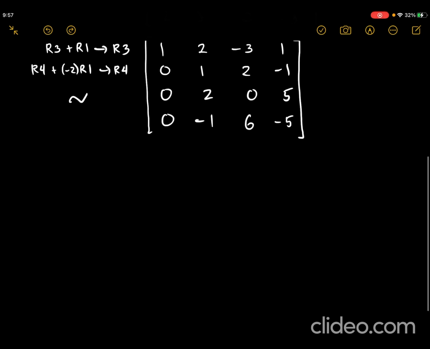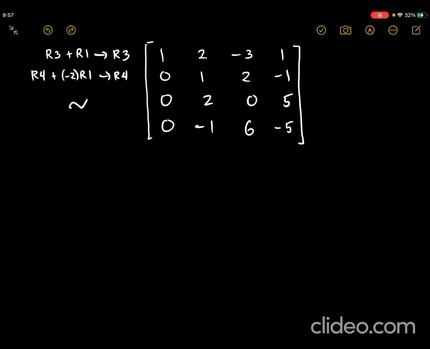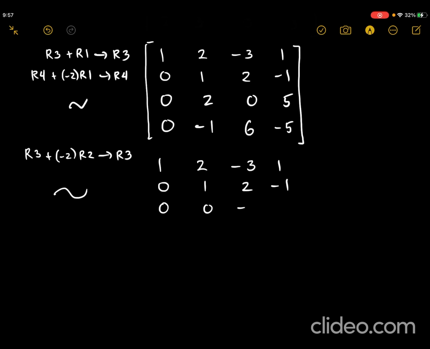So let's do that by first adding row 3 to -2 times R2, and use it as the new R3. So we'll have here 0, 0, -4, 2 plus 5 will be 7.